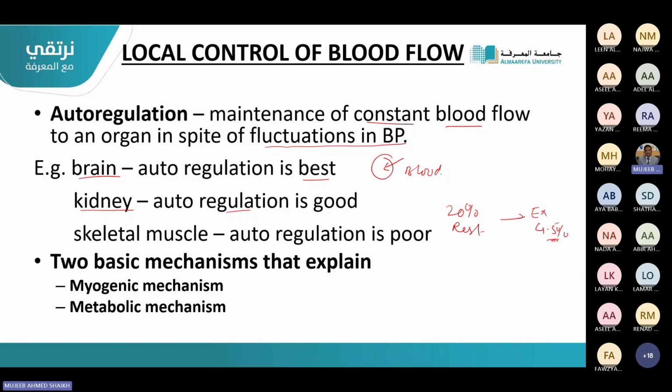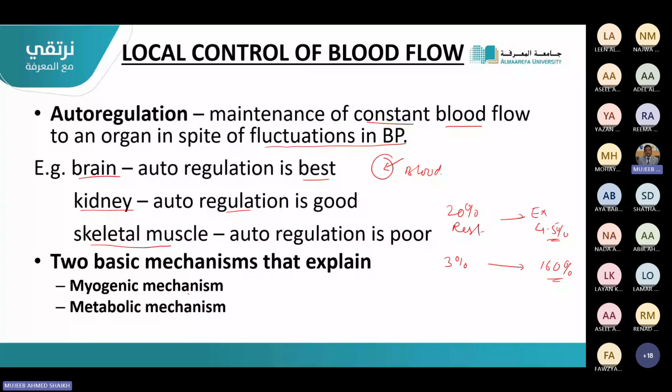You can see it even more in the skeletal muscle. Skeletal muscle at rest may be 3%, and during exercise it will become 160% somewhere. Very wide fluctuation. So poor autoregulation is seen in the muscle, good in the kidney, and best in the brain. In any condition, the blood flow to the brain will remain constant.